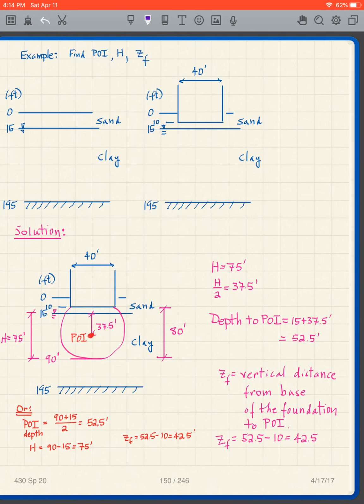And we have our building, which, as we know, only has a certain range of stress influence. Oh, and then the Z sub F, I forgot to do that one. So the point of interest depth is 52.5. The basement depth is 10. So 52.5 minus the basement depth 10 is 42.5. That is our Z sub F.